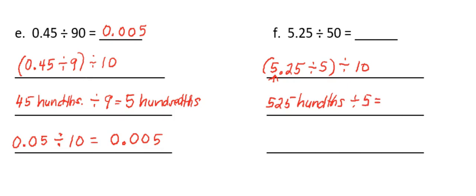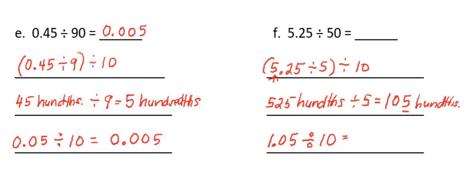Okay, I'm going to do this division in my head. 500 divided by 5 is 100. 25 divided by 5 is 5. So that tells me my answer is 105 hundredths. To write that in number form, I know that the 5 needs to land in the hundredths place. So that would give me 1 whole and 5 hundredths. And I'm going to take that and divide it by 10.